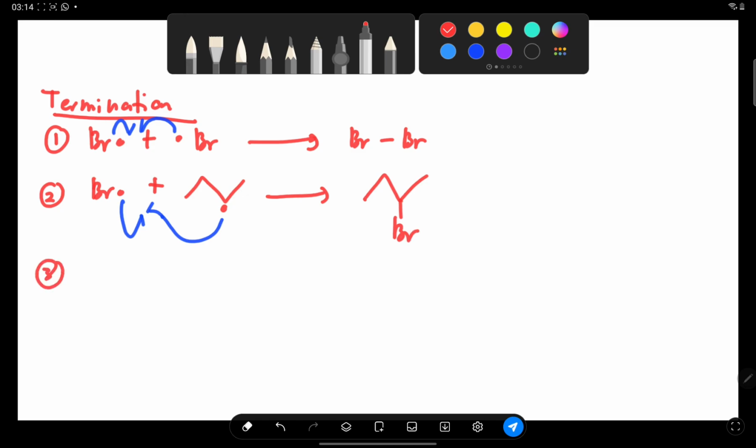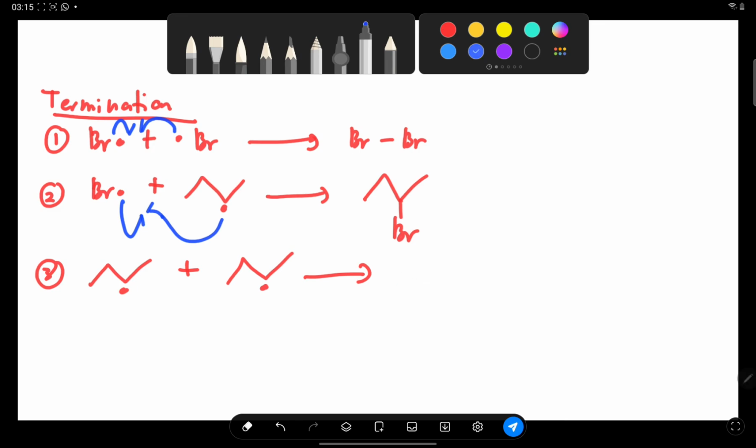And for step 3, the butane radical reacts with butane radical itself to produce an alkane. Normally the product is a longer alkane with more carbons compared to the first starting material.